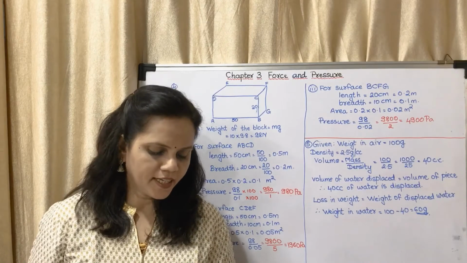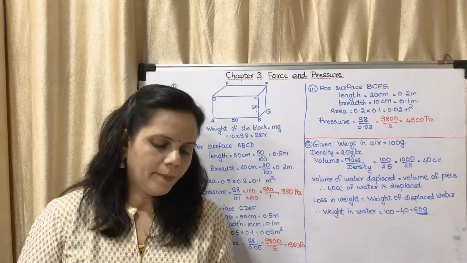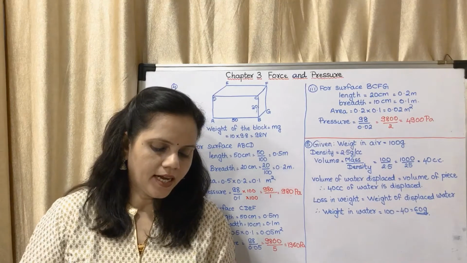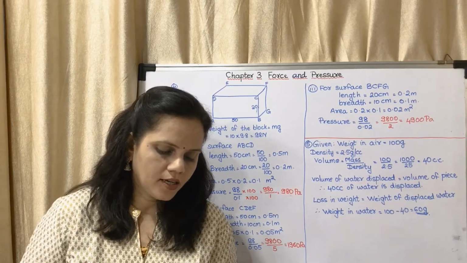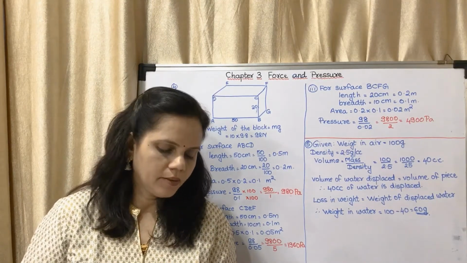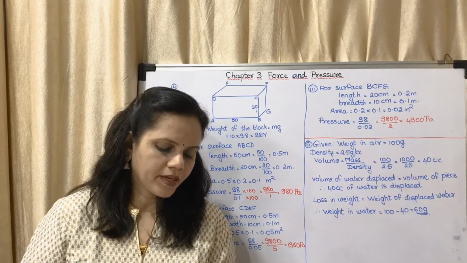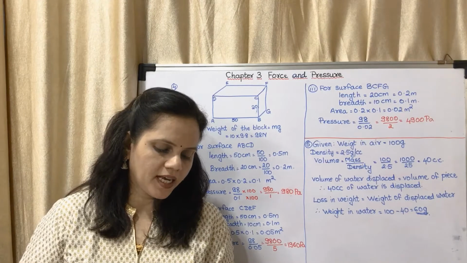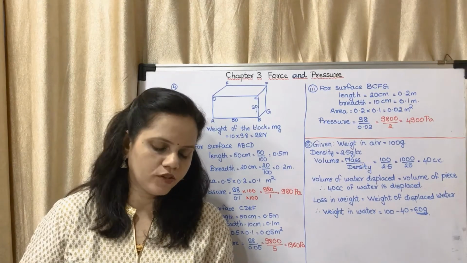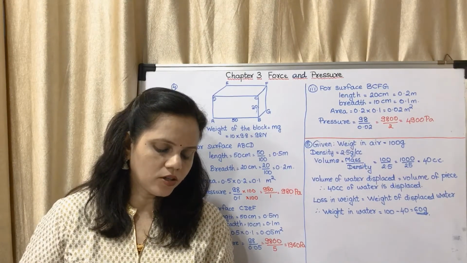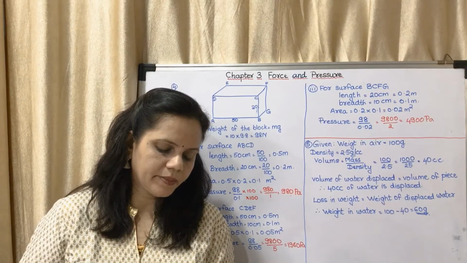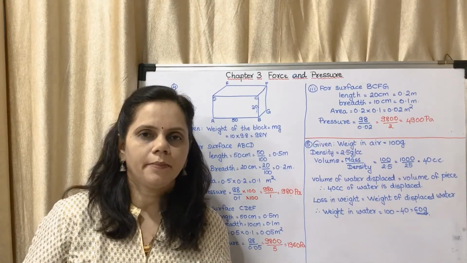Now the next numerical, we will see the question. Mass of a block of metal is 10 kg and its dimensions are length 50 cm, breadth 10 cm and height 20 cm. If the metal block is placed on the following surfaces of the table, find out on which of the surfaces ABCD, CDEF and BCFG the pressure exerted on the table will be maximum.